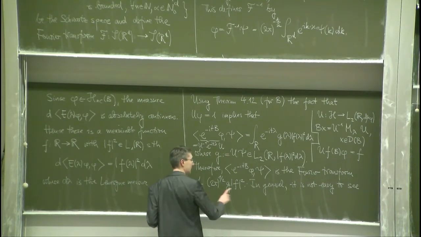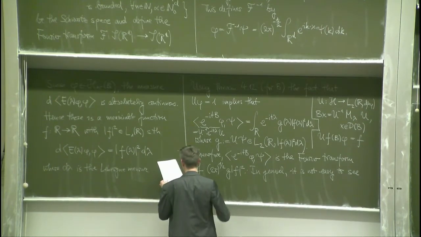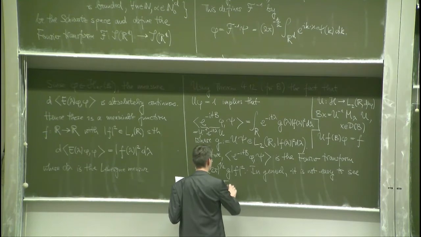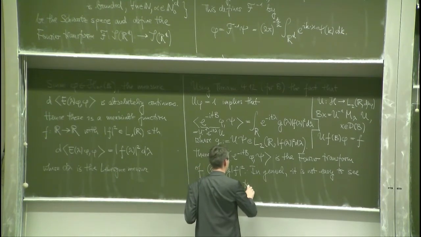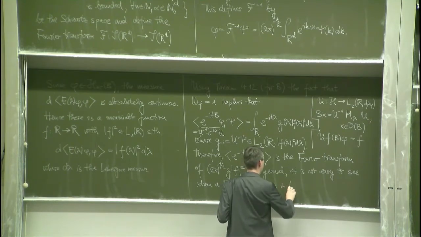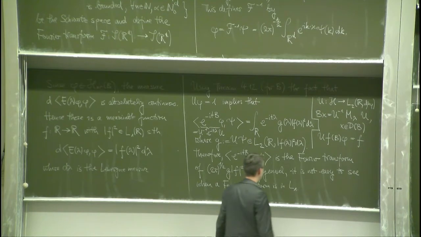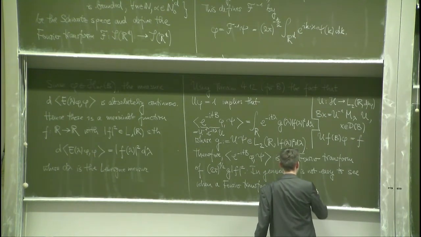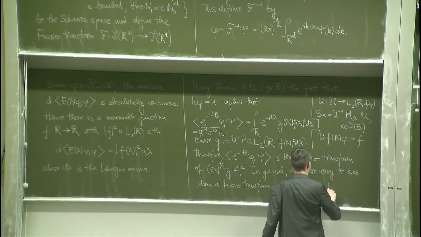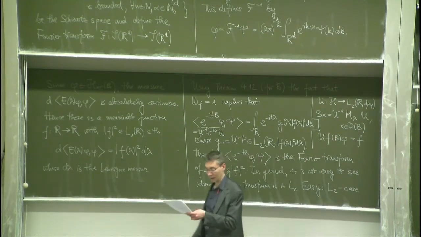It's not easy to see when a Fourier transform is in L1. Yeah, but what is easy is to get it in L2. Easy is the L2 case. Yeah, so look back to the other blackboard.